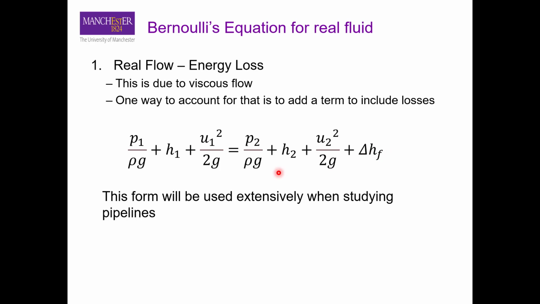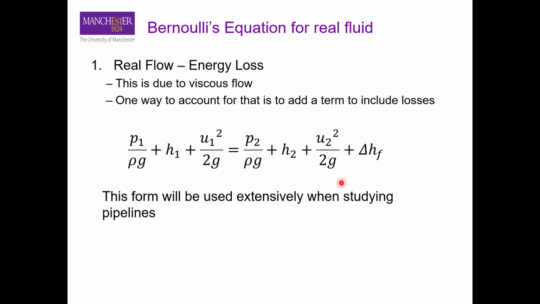Okay, it means that if you now look at these two velocities, u1 and u2, the velocity u1 must be larger than velocity u2, because some of the energy that you got from point 1 traveling to point 2 is going to be lost in the form of friction or heat.